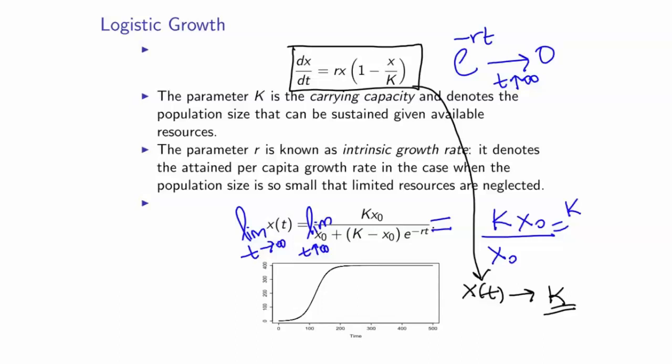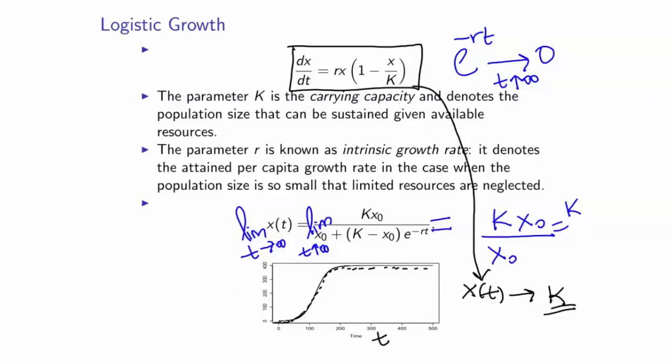Here this is t and this is x of t, and this curve behaves in this form. The fact that x of t is flat tells us that x of t is converging to a horizontal asymptote. Here, this k value is a horizontal asymptote.